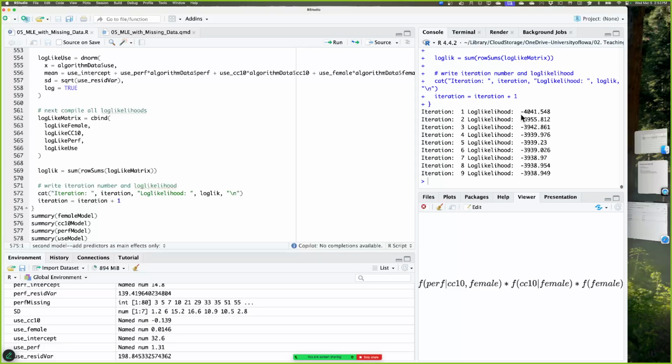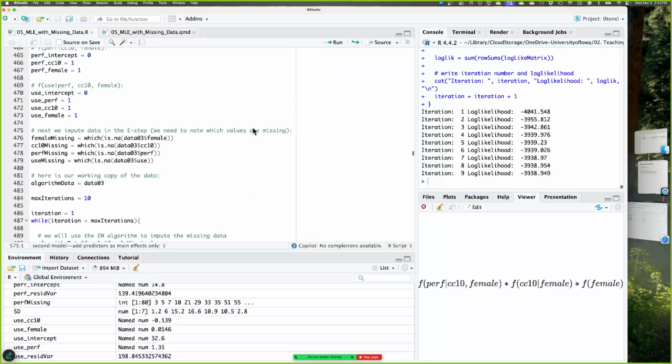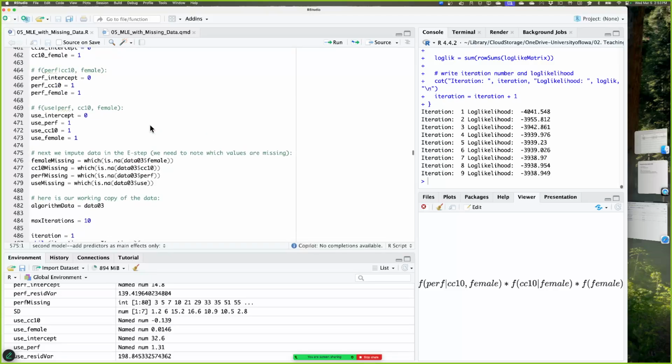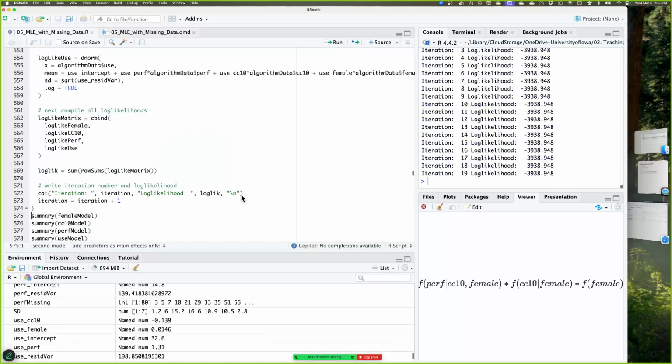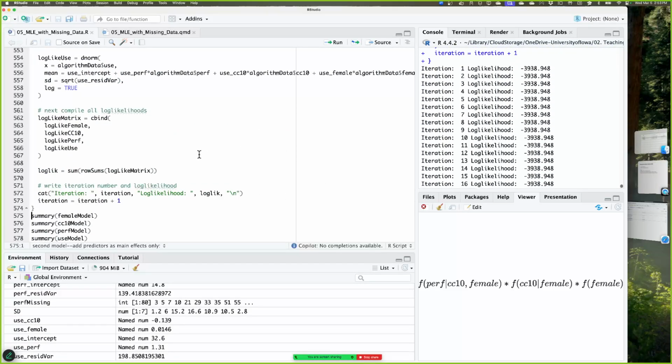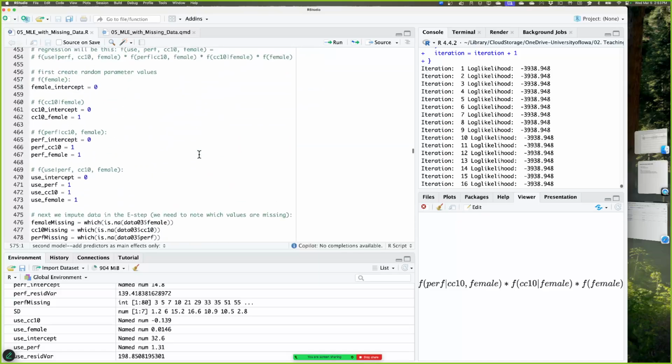What you can see is this log likelihood, as we go iteration by iteration, gets closer and closer to some joint value. I'll note that value is not going to look like lavaan because lavaan does not have a Bernoulli distribution in it, so we can't compare the two. If I allowed for more iterations, take a look at what happens. Oh, I didn't reset everything. That's the problem.